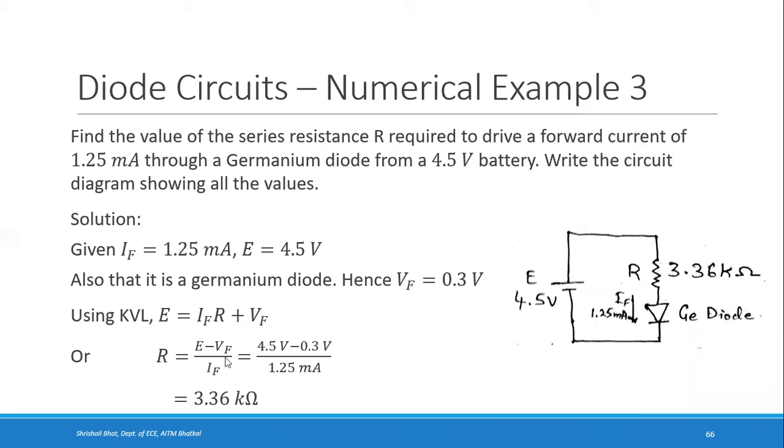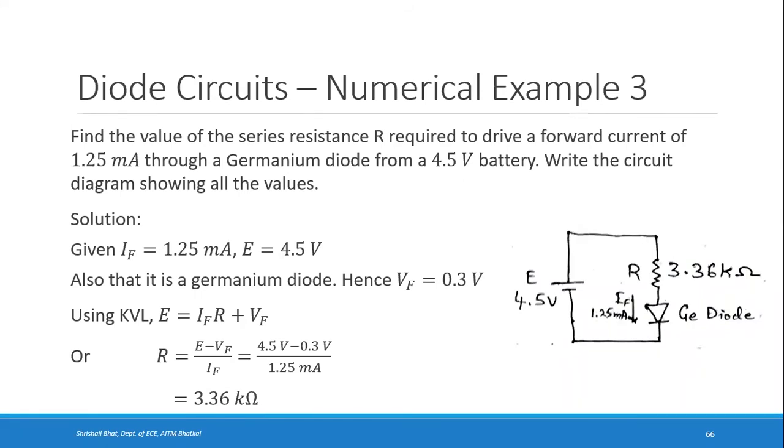That is the value of the series resistance, which I have to connect in order to get a forward current of 1.25 milliamps. Once you have found the value of R, you have to draw the circuit. It is given clearly to write the circuit diagram showing all the values, and in the circuit you have to show all the values. Only then your answer is complete.